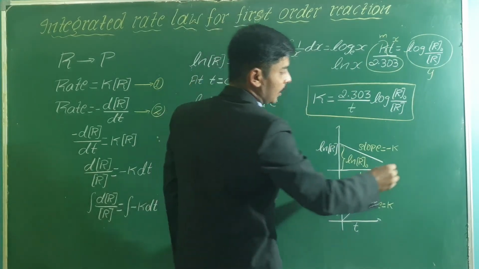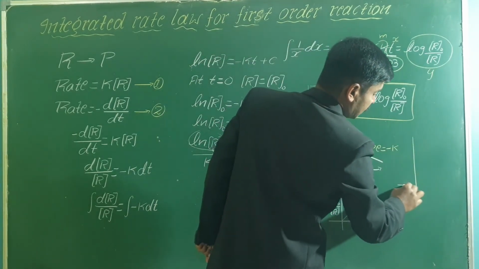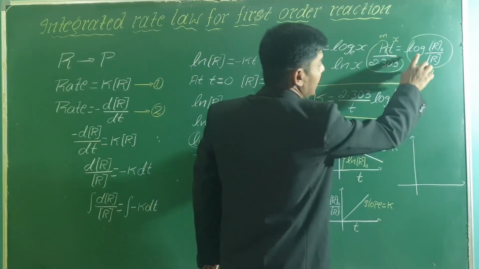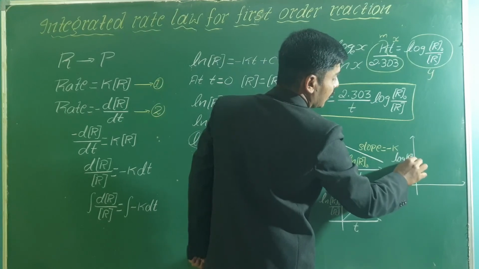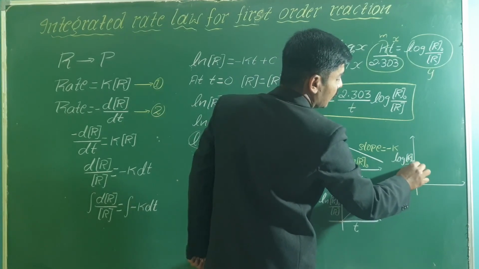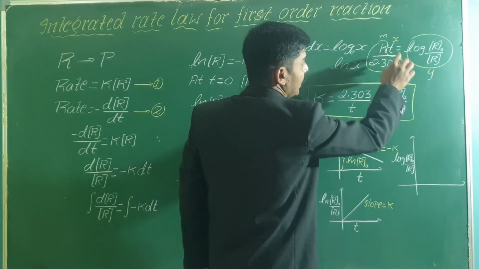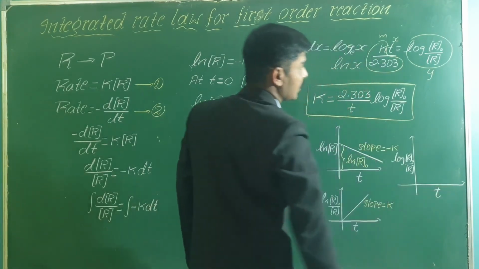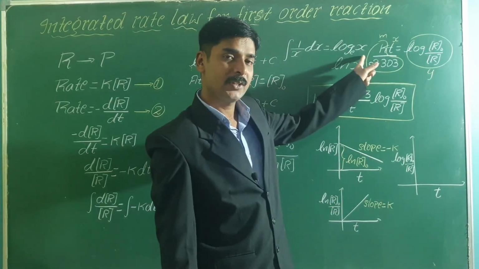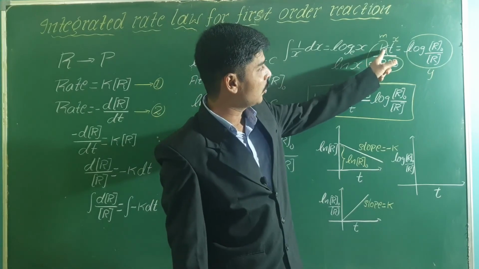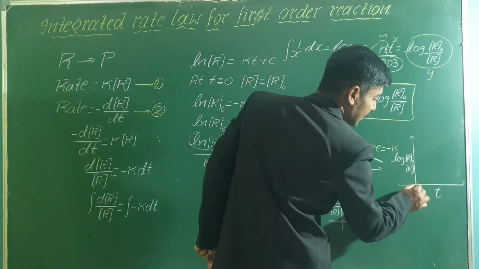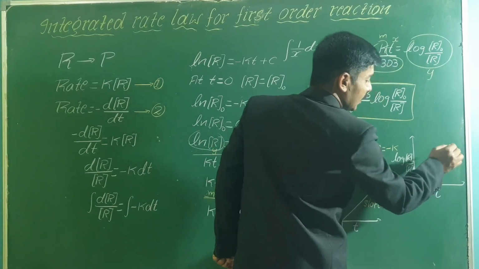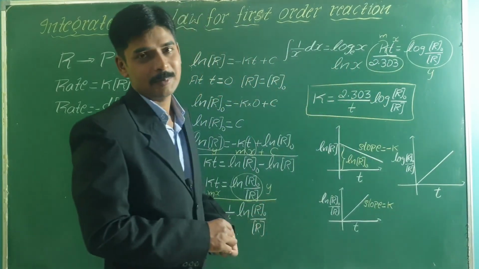Now if you plot a graph by taking log of r naught by r along the y axis and time along the x axis, since the y intercept is 0 and slope is positive, you get a straight line starting from the origin, and here the y intercept is 0.